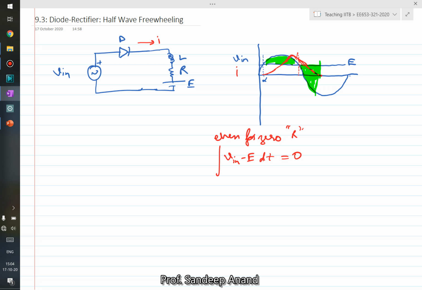Therefore the current would come to 0 before the end of the cycle, even if you do not have a resistance and if you have a positive value of E.